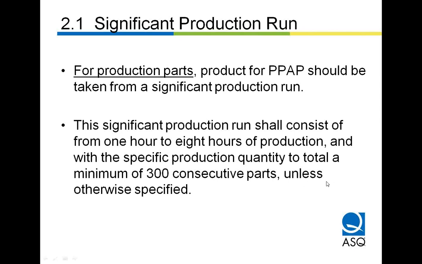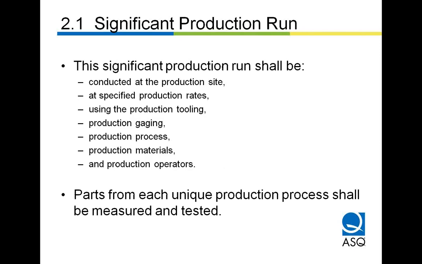That's the individual who has the authority to otherwise specify. So if you're running an extremely low production rate part, 300 consecutive parts might not be practical. That would be the individual. But this is the standard for most operations. Otherwise, you negotiate with that customer authorized representative.